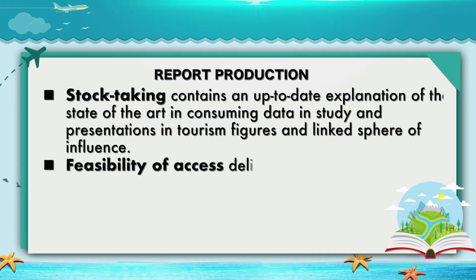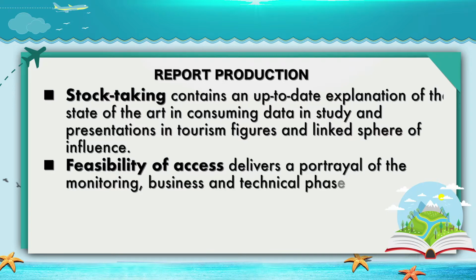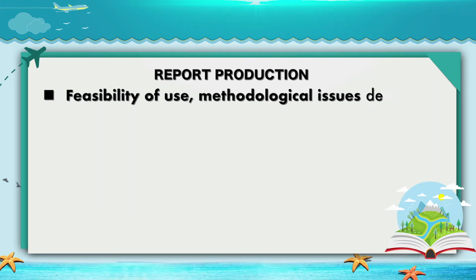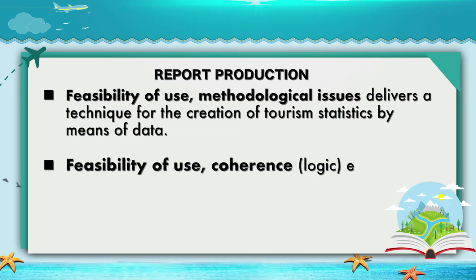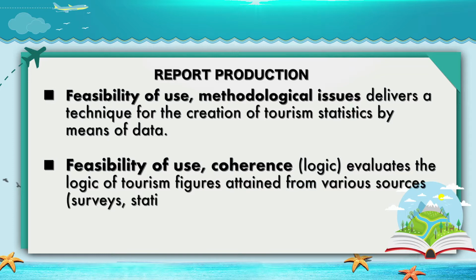Feasibility of access delivers a portrayal of monitoring, business and technically phase of data user friendliness. Feasibility of use methodologically issue delivers a technique for the creation of tourism statistics by means of data. Feasibility of use coherence means logic.